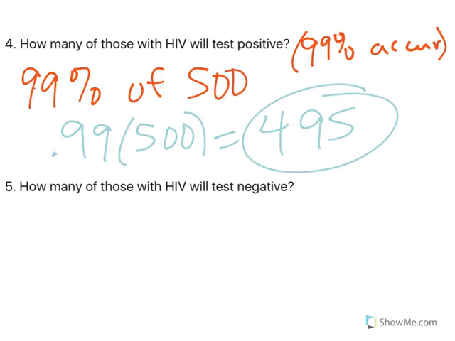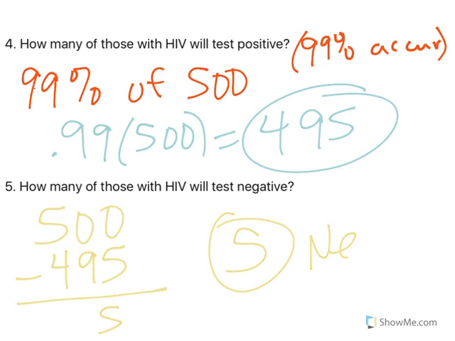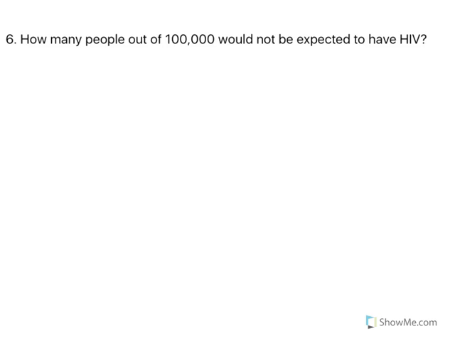You're thinking, but wait a minute. Exactly. You have 500 people with HIV, 495 of them tested positive, which means 5 will test negative. So these people tested positive, 5 tested negative. And you can imagine these people, they go in, they're told, no, you do not have HIV, but really they do, right? So we have some issues there. We'll talk about those issues in a minute.